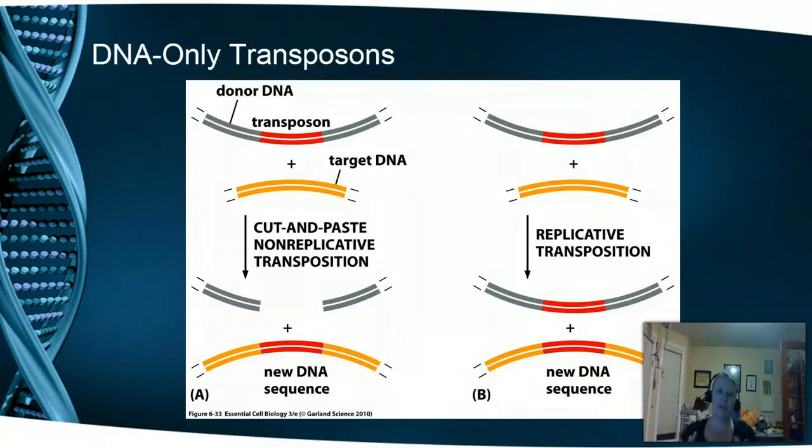The first of them are DNA-only transposons. These require DNA to move around, and they usually have to be double-stranded DNA, and they will move from DNA to DNA. In this case, you can see the two examples we have. We have the cut and paste, non-replicative transposition. This is where the transposon removes itself from the original DNA and sticks itself into the new sequence.